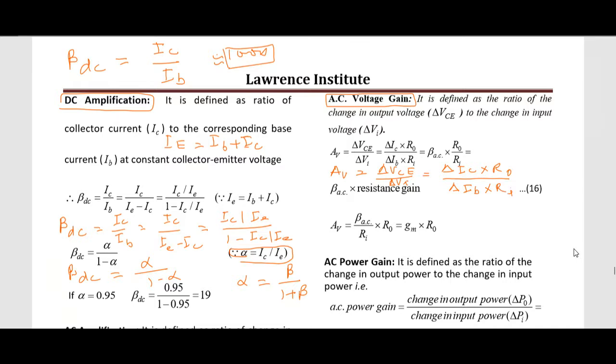This is resistance gain. Voltage gain AV is clearly equal to current gain, which is beta AC, multiplied by resistance gain. Beta AC is delta IC divided by delta IB.